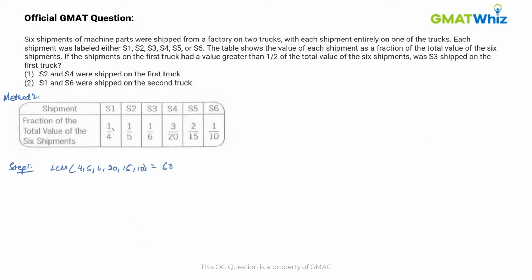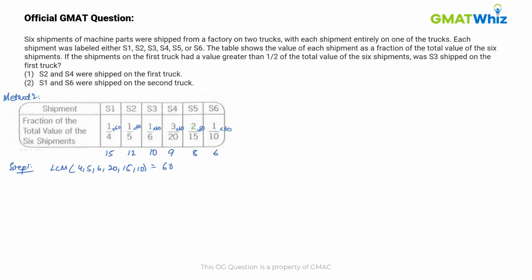So we multiply each of these fractions by 60 and then we can change them into integers. So the amount of shipment on S1 will be equal to 15, on S2 it will be 12, on S3 it is 10, on S4 it is 9, S5 is 8 and S6 is 6.